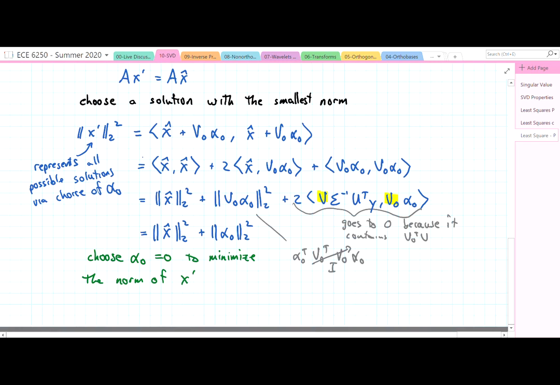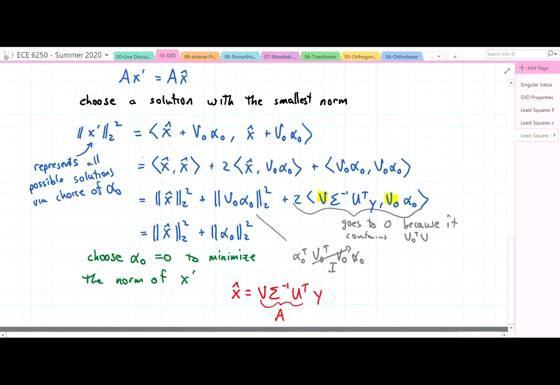Well, if that's the case, then we're right back to where we started, which is that we have x hat equal to V sigma inverse U transpose times y.